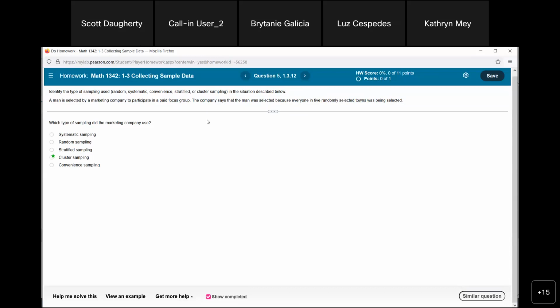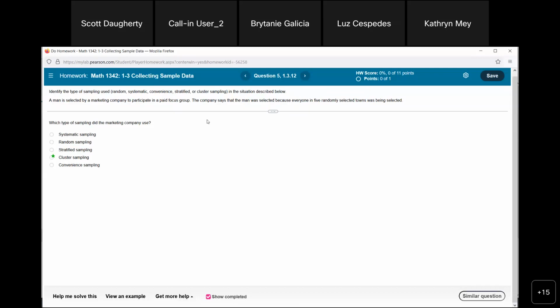But when you do stratified sampling, you pick people from each town or each subgroup. So I'd have to go to every single town and pick a few people from every single town. And what you're doing is you're stratifying the larger population. That's why it's called stratified.